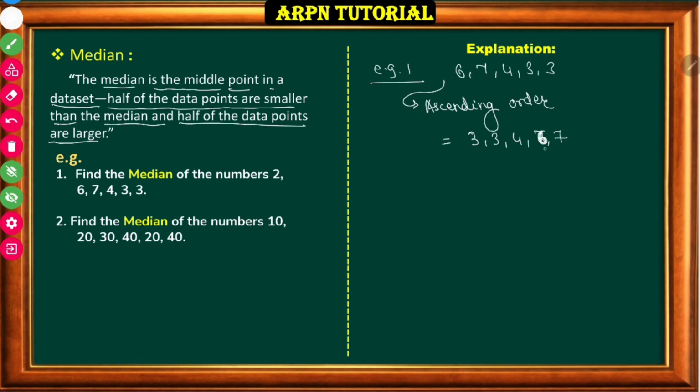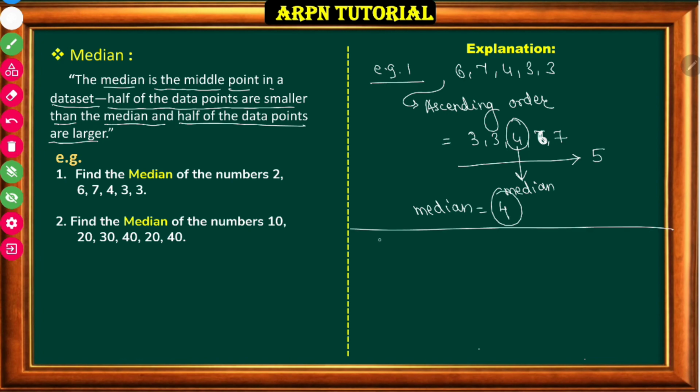Okay, if you can see, how many total numbers we have, whichever is at the center is nothing but the median. So in this scenario we have median as number 4. This is example number 1.